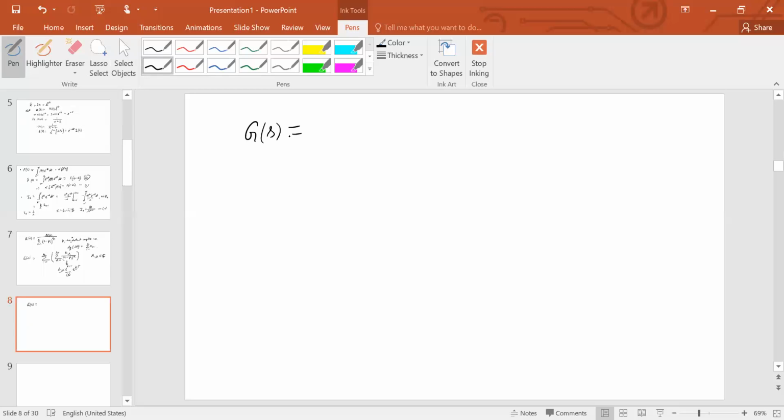You should actually try to verify that whatever I'm saying here is legitimate. So suppose you have G(s) given by s over s squared plus 3s plus 2. I can factorize this as s over (s plus 1) into (s plus 2).